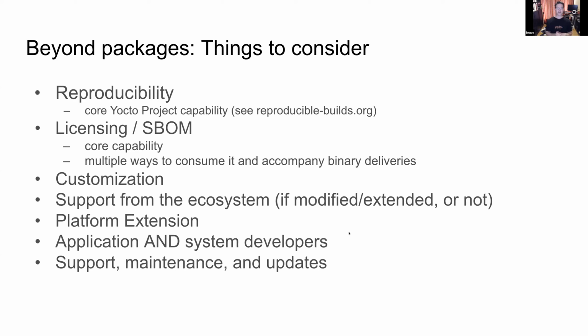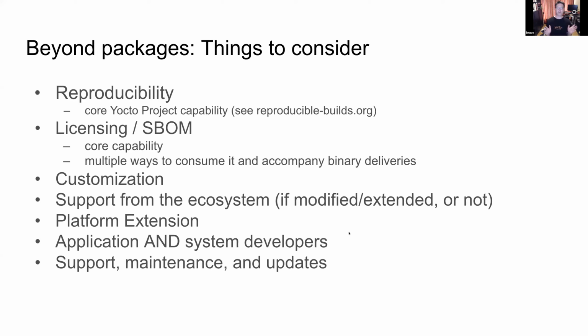We do want to support both application and system developers, and that goes into things like the eSDK, the SDK, container images for application developers, and you also want to support system developers. So in that case, there might be more rebuilds and less consuming of the binary outputs if they are working on the kernel or the platform or something like that.